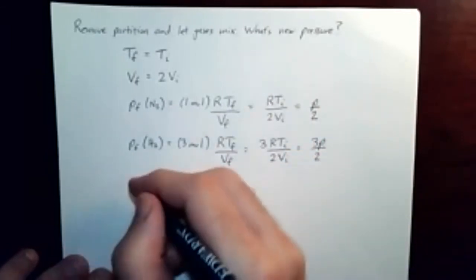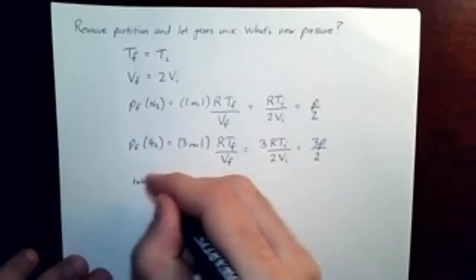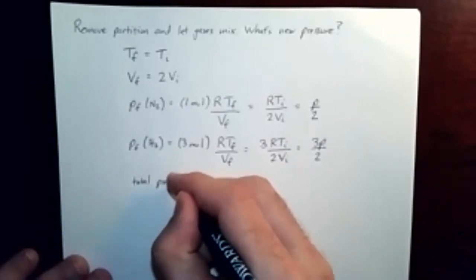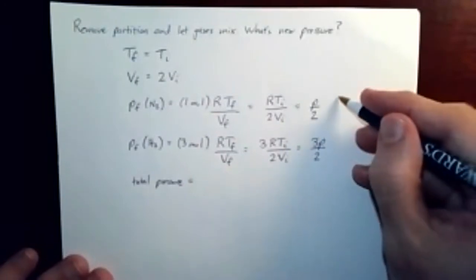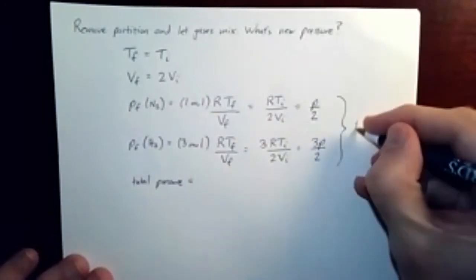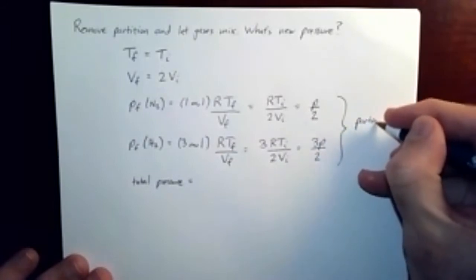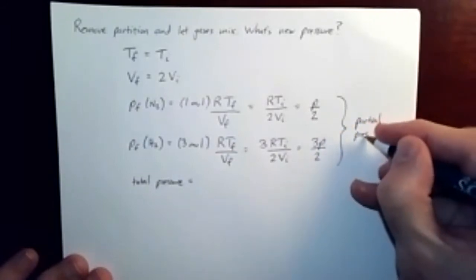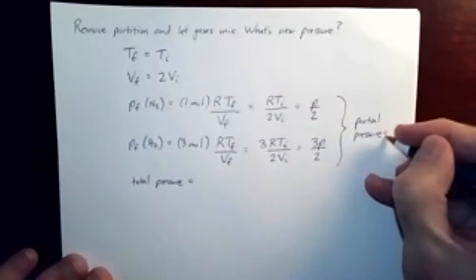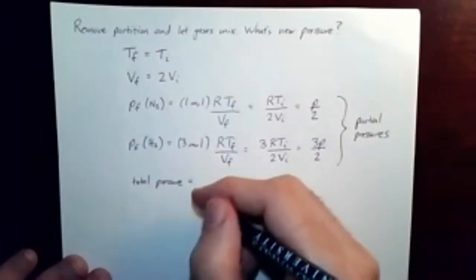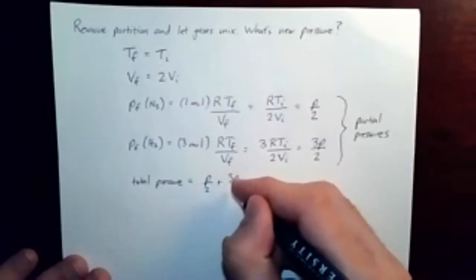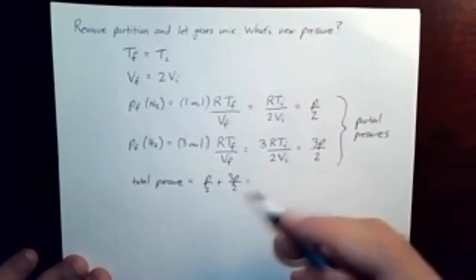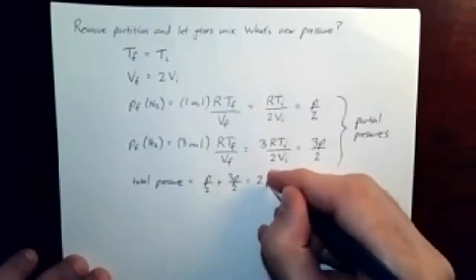And so the total pressure after the gases mix, these, by the way, are the partial pressures now. Now these gases are part of a mixture, and this is how much pressure each gas contributes to the mixture. And so the total pressure is going to be the sum of the partial pressures, which is going to be 4P over 2 or 2P.